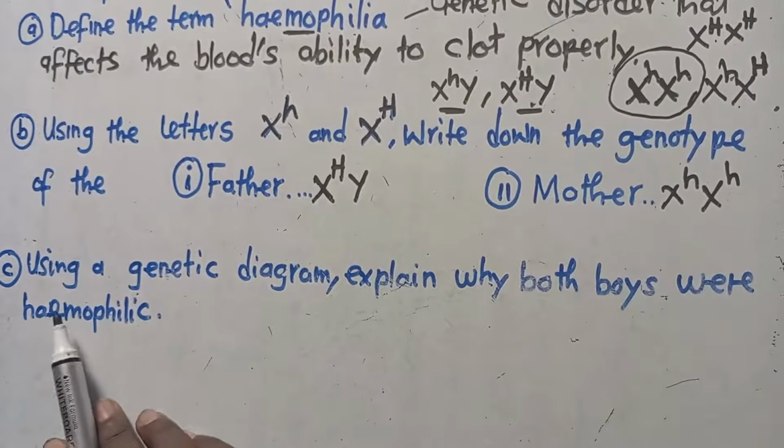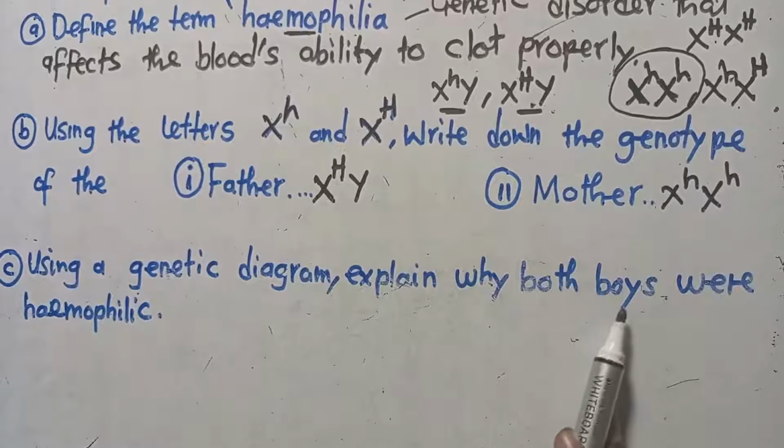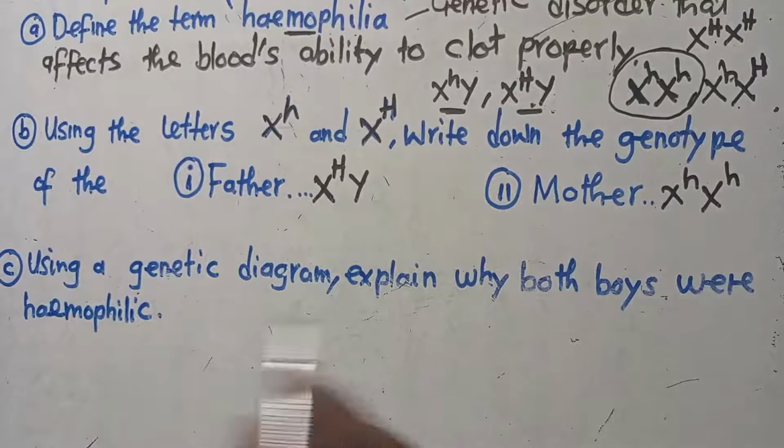Now we've got this question that says, using a genetic diagram, explain why both boys were hemophilic. This is what you now want to explain. The first thing we are going to start with is the parents. So we start writing a genetic diagram.